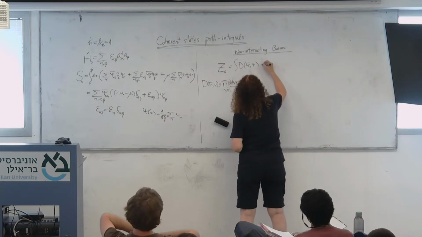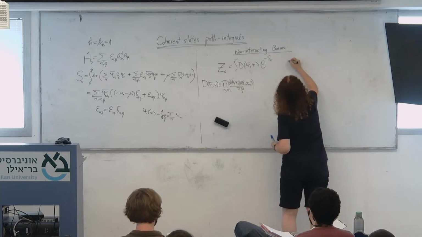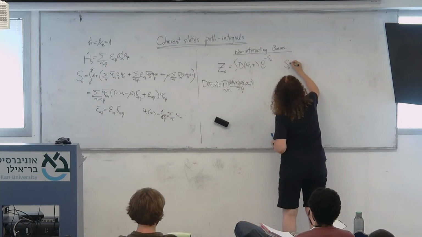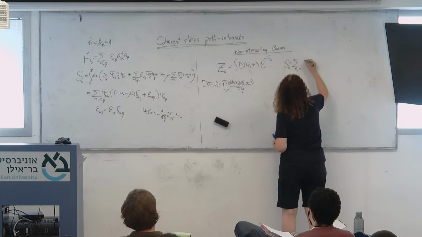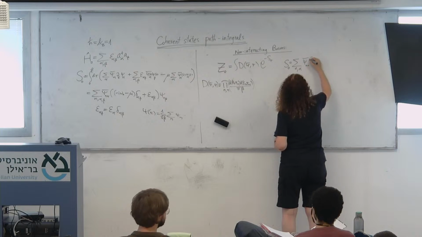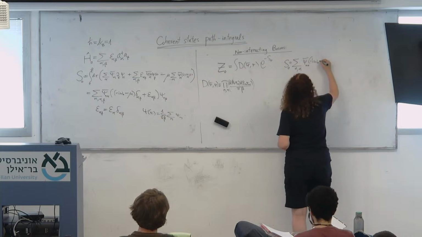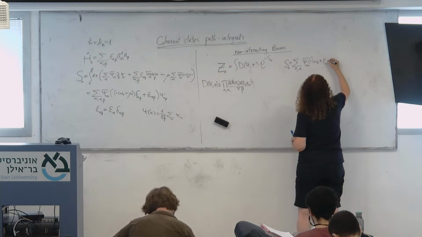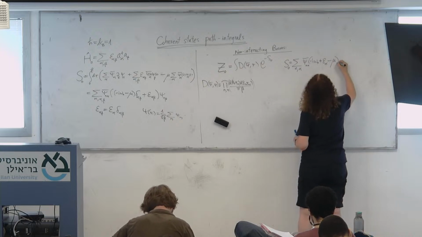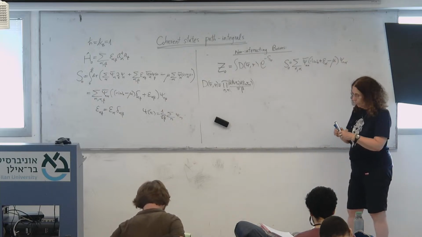And now I have e to the minus S naught, where S naught is now just a sum over n and alpha of psi bar n alpha times minus i omega n plus epsilon alpha minus mu, psi n alpha.